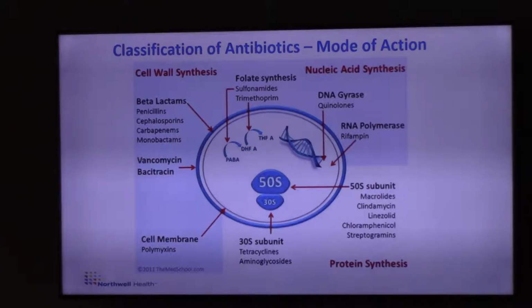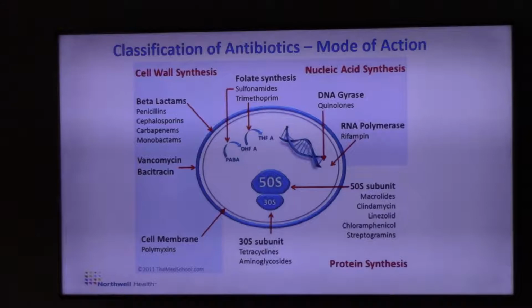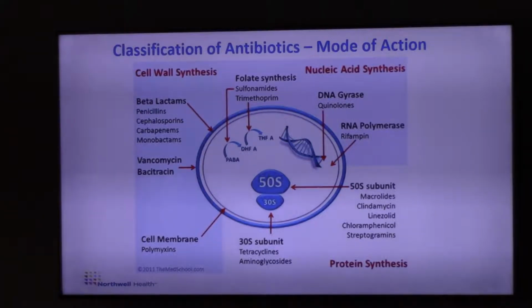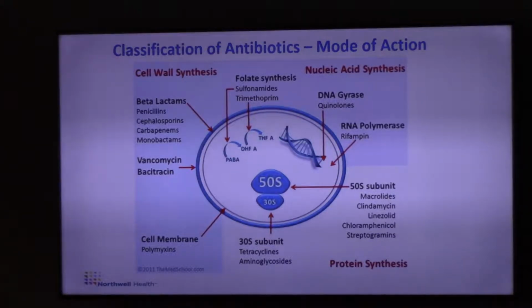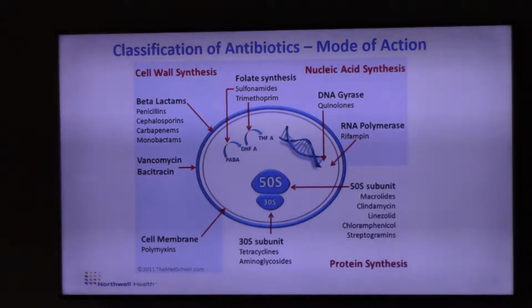Now, as far as classification by mode of action, some antibiotics work differently. Beta-lactams are the most commonly used class everywhere, because of their safety and their efficacy. They work on the cell wall, and those are your penicillins, which means amoxicillin, ampicillin, Augmentin, Zosyn. These are all penicillins.